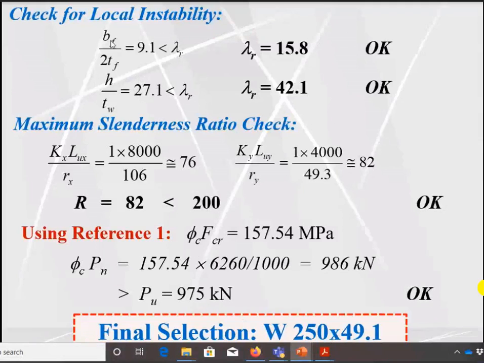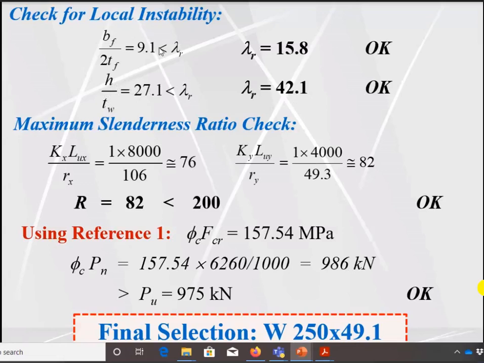Buckling of the unstiffened element, which is the flanges in our W section. The Bf over 2Tf ratio is 9.1, which is less than 15.8, so there may not be any flange local buckling. Buckling of the stiffened element, which is the web here, is checked by the b over t ratio of the web, computed as H over Tw ratio, which is 27.1, and this value is also less than 42.1.